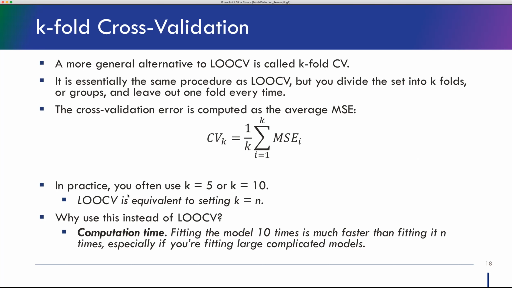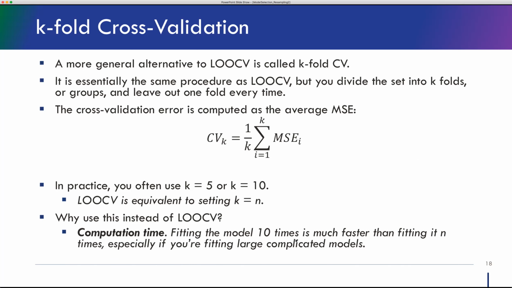In practice, you often use k equal to 5 or k equal to 10. I said leave one out is equivalent to setting k equal to n. Why do we use this instead of leave one out? Because of the computation time.